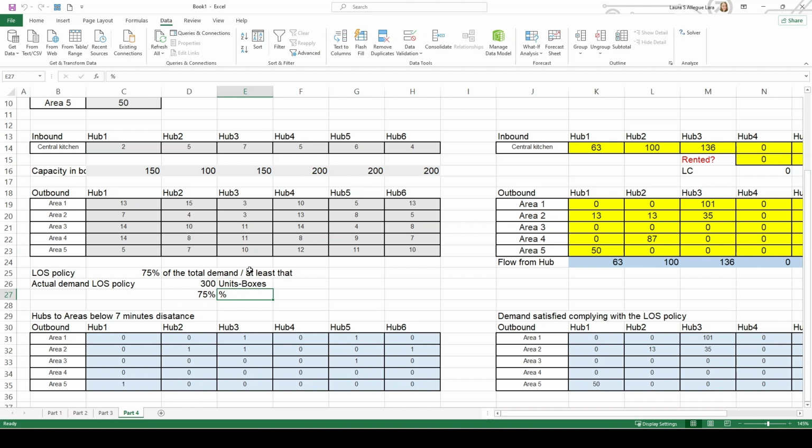And then I could have just said, I want the actual demand fulfilled within the level of service policy to be 300 or higher. With that, I would have always talked in units, which means in boxes for this problem, and I would not have used rates. Would that have given me the right result? Of course, because I'm saying the exact same thing, just in a different way.